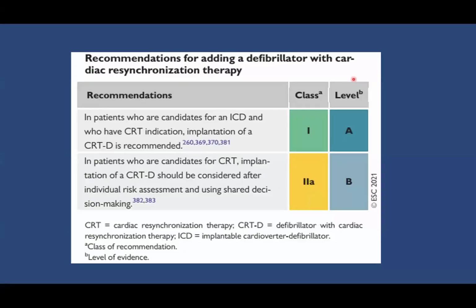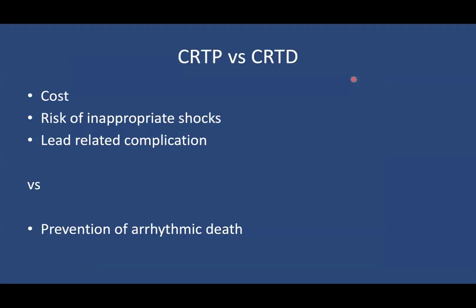I think Dr. Hani gave a really good summary of which patients should get an ICD and which ones could be considered for just a CRT-P. And some of the things that we grapple with in East Africa include the cost, but of course, across the world, the risk of inappropriate shocks from a device with a defibrillator and the risk of arrhythmic death is higher. Some of the lead-related complications, including the coils that then create venous fibrosis and venous problems.